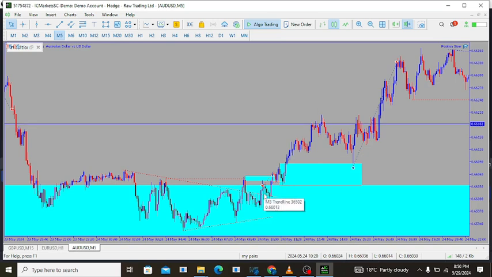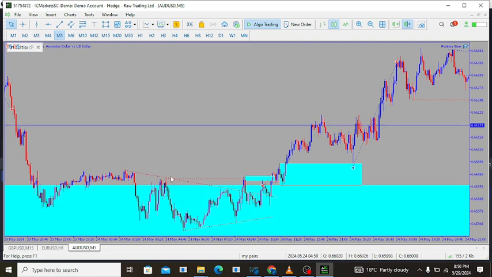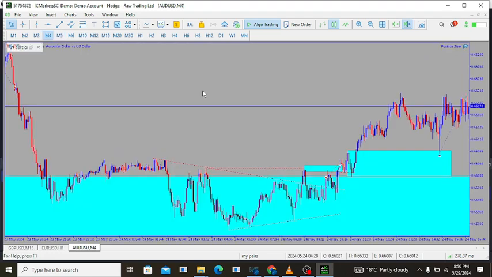See, this is a stupid sell. It's a really stupid trade, this one. I'm selling because I saw the price sweeping this high and broke structure. Let me see.